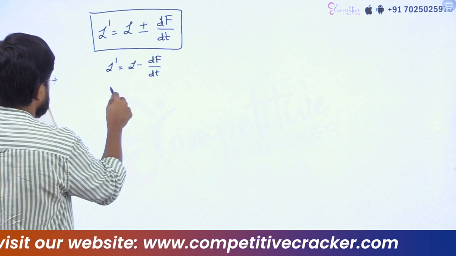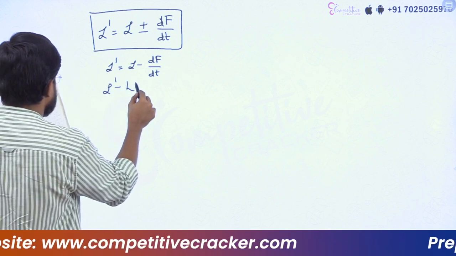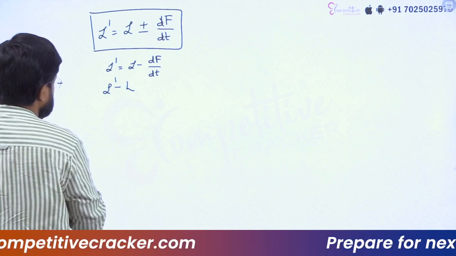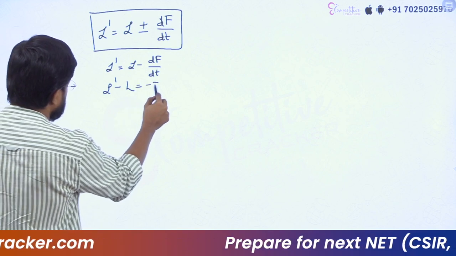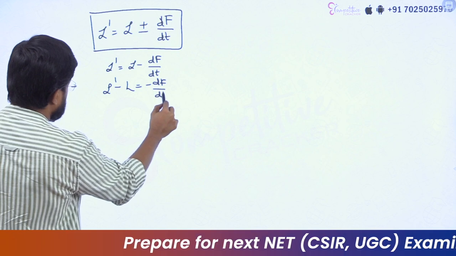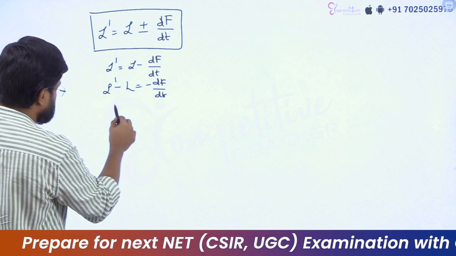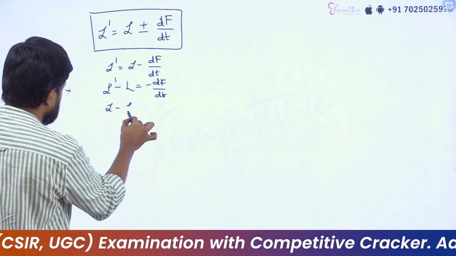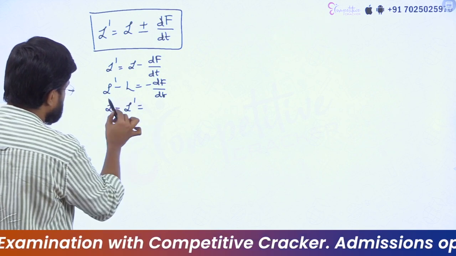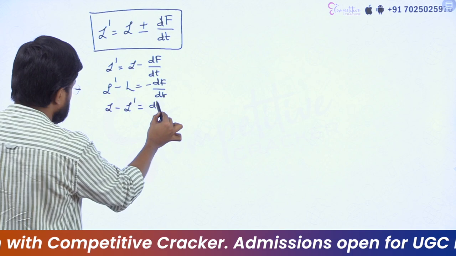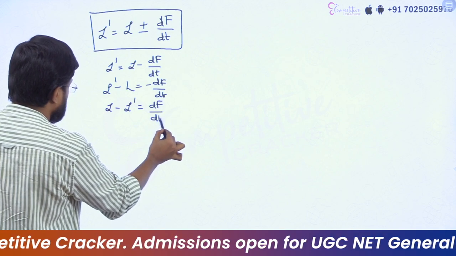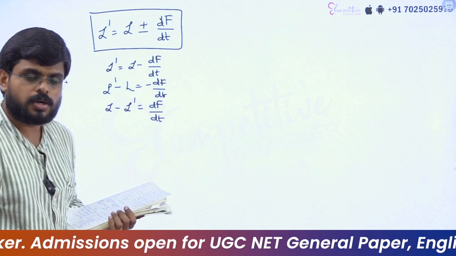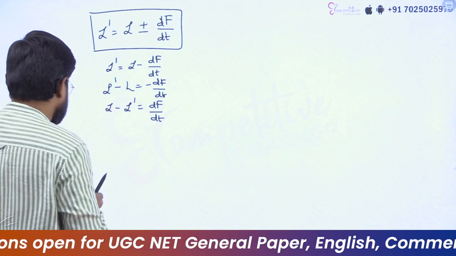So that means L prime minus L is equal to minus df by dt. I am multiplying on both sides with minus. So it is L minus L prime is equal to df by dt. So what is this L?